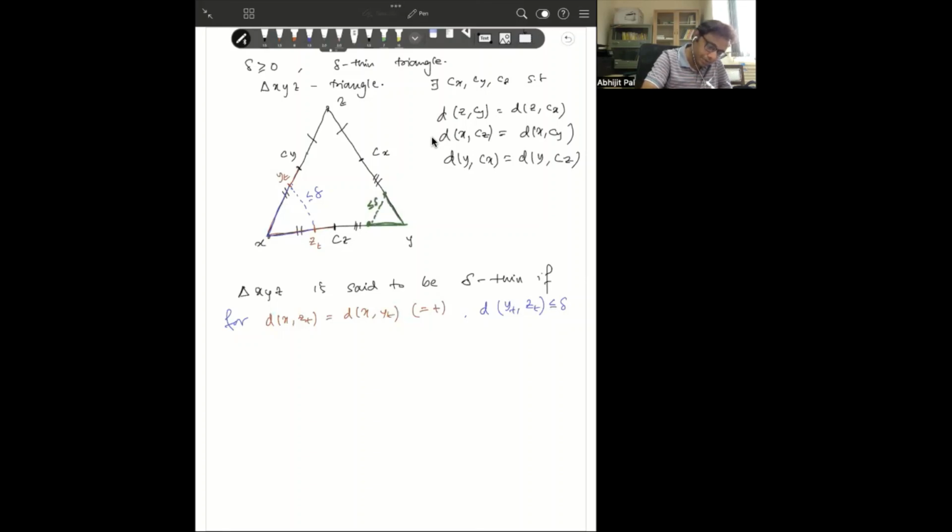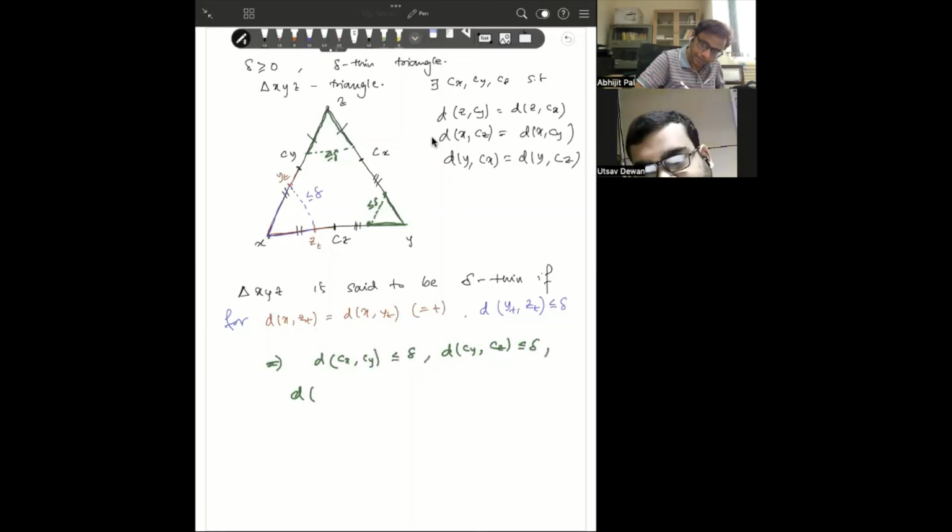The same is true here. This implies that the distance between CX and CY is less than or equal to delta, the distance between CY and CZ is less than or equal to delta, and the distance between CZ and CX is at most delta. So this is the definition of thinness.